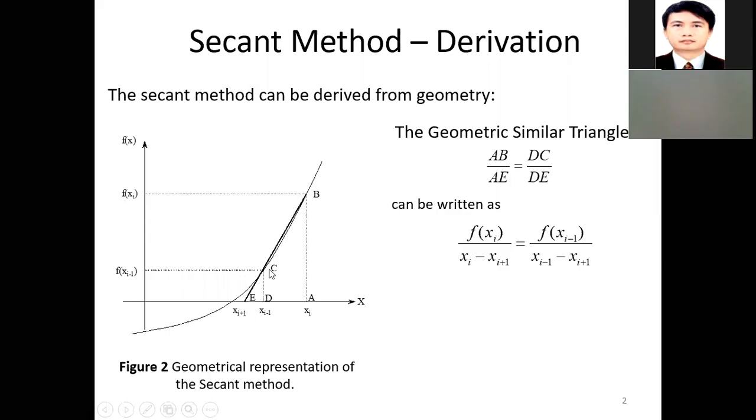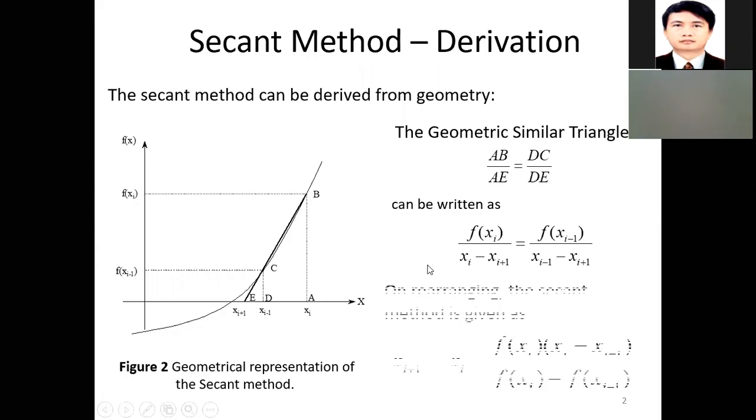CD is equivalent to f of x sub i minus 1, and DE is x sub i minus 1 minus x sub i plus 1. Just isolate this x sub i plus 1 to derive the formula for the secant method.